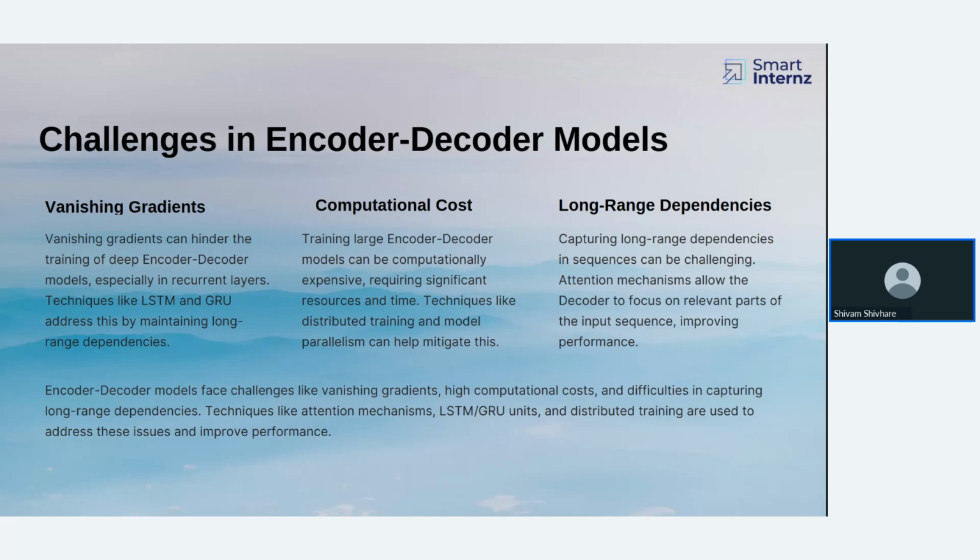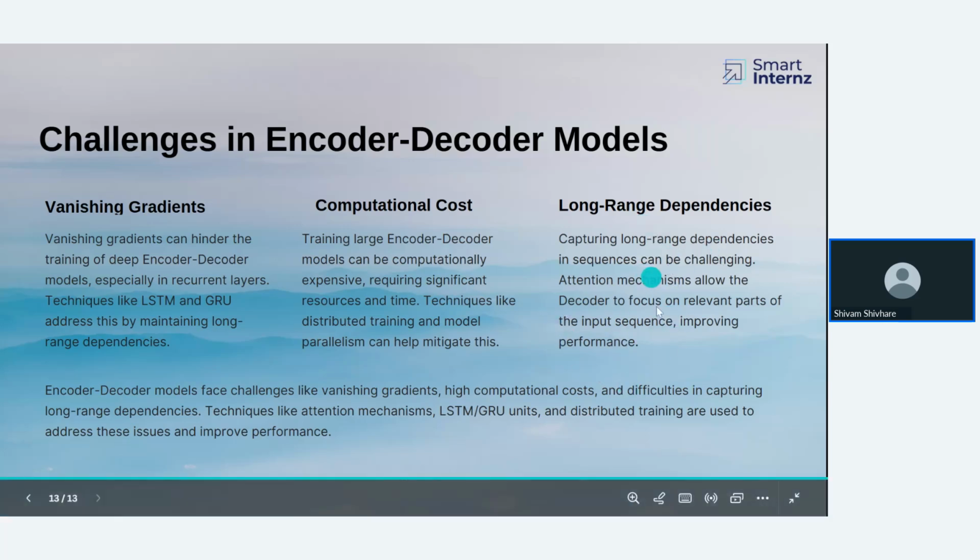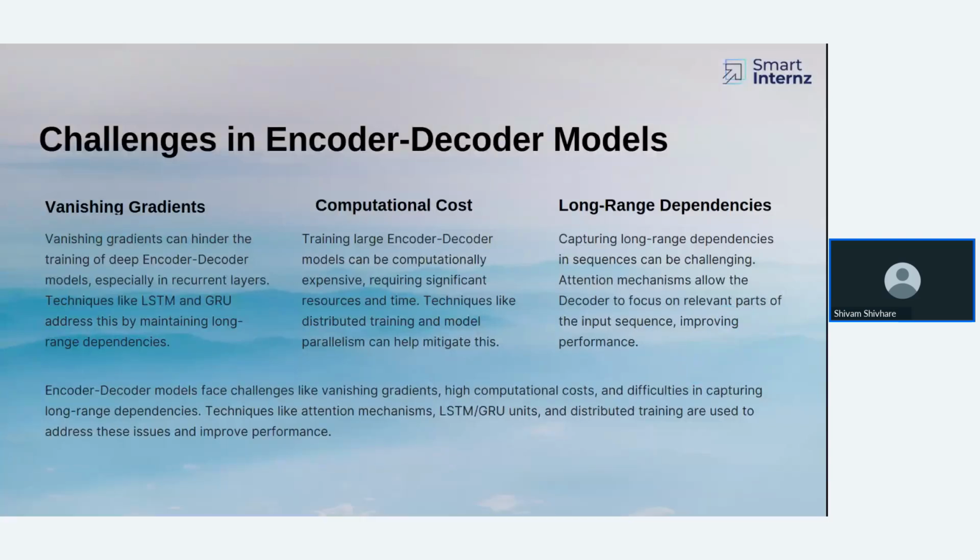We need high computation, big processing power, so it takes a huge cost. Long range dependence: this carries huge information, like a 10-page article, carrying that complete information to the model to predict the next word. We will get these issues in this encoder.